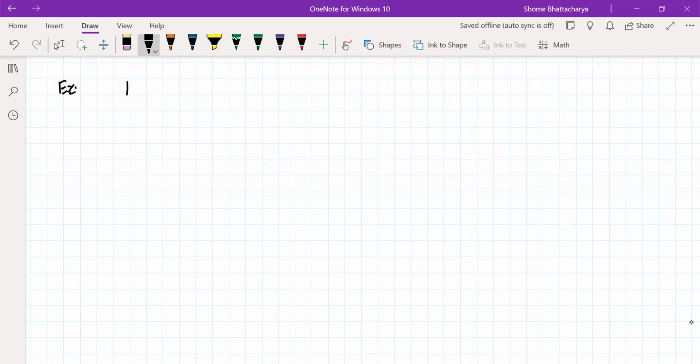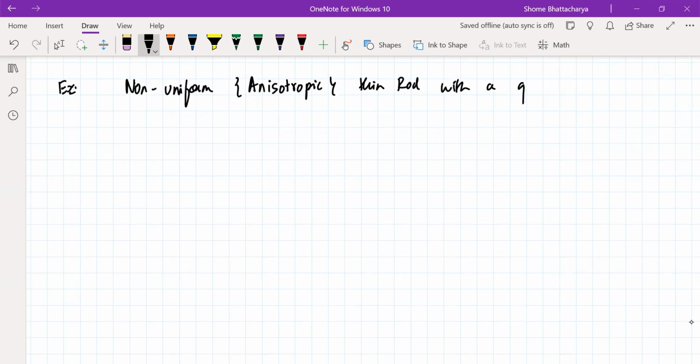So we have a non-uniform, or what we can also call an anisotropic, opposite of the term isotropic, anisotropic thin rod with a given variable mass distribution, so non-uniform.